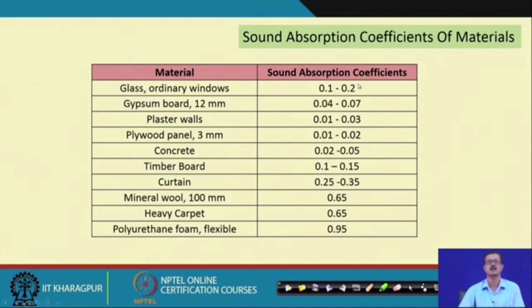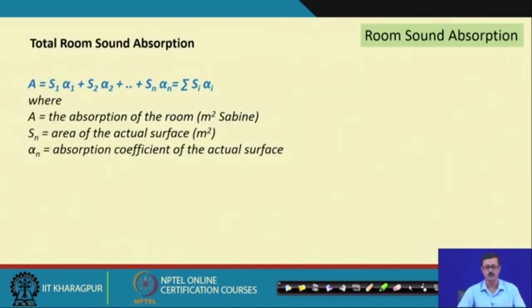So, all of them act as reflective surfaces. Whereas if you go down, the last 4 rows, the curtains, then the mineral wool, then the heavy carpet and the polyurethane foam, all have values in the higher range. So, those can act as sound absorptive surfaces.